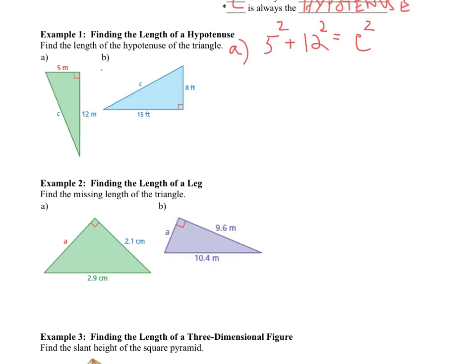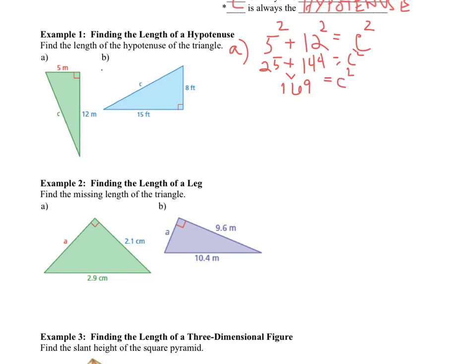Now I've got to think order of operations, so exponents before addition. I have to do 5 squared, which from a previous lesson we know is 25, 12 squared is 144, and I can't do anything yet with C squared because I don't know what that is. Then I can use addition to get 169 equals C squared.